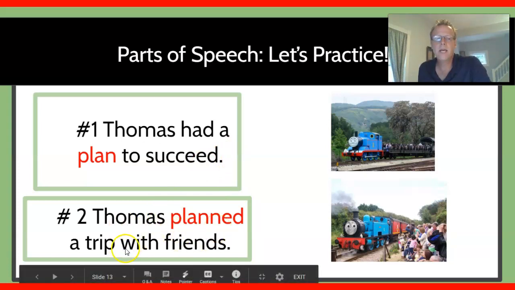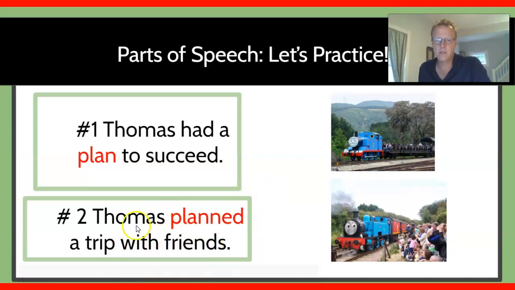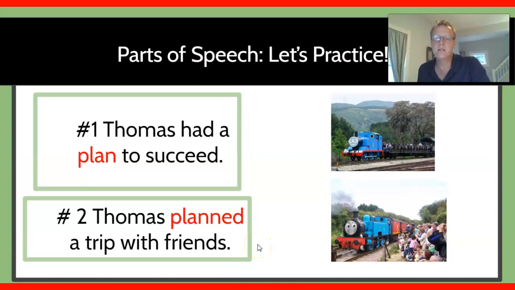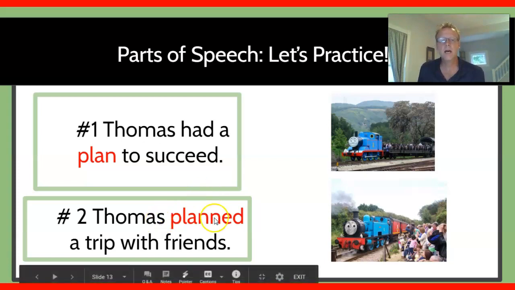Sentence number 2. Thomas planned a trip with friends. What's the subject in this sentence? Thomas. Thomas is a noun. What's the verb? We have to have a verb in a sentence. Planned. Planned is a verb. Thomas planned what? A trip with friends.